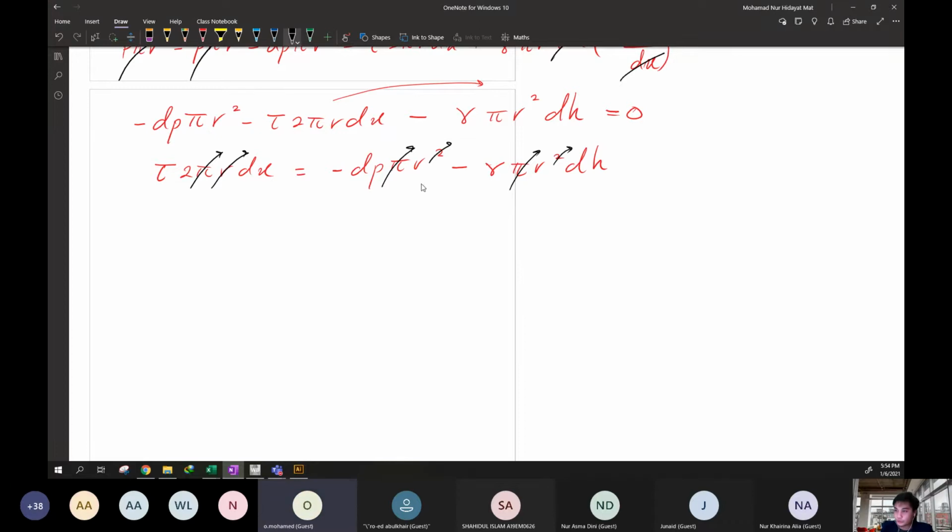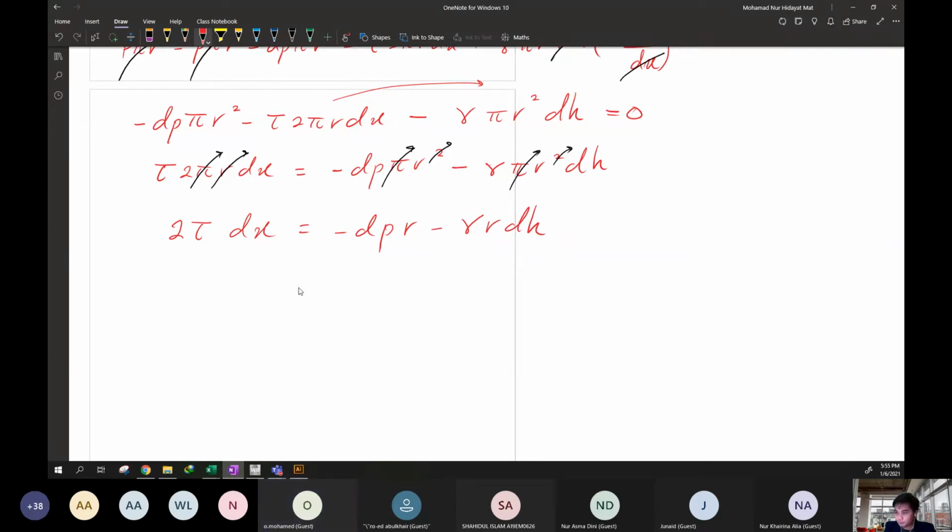Okay. So what do we have next is 2 tau dx equal to negative dp r, right? R, we have r here, minus gamma r dh.